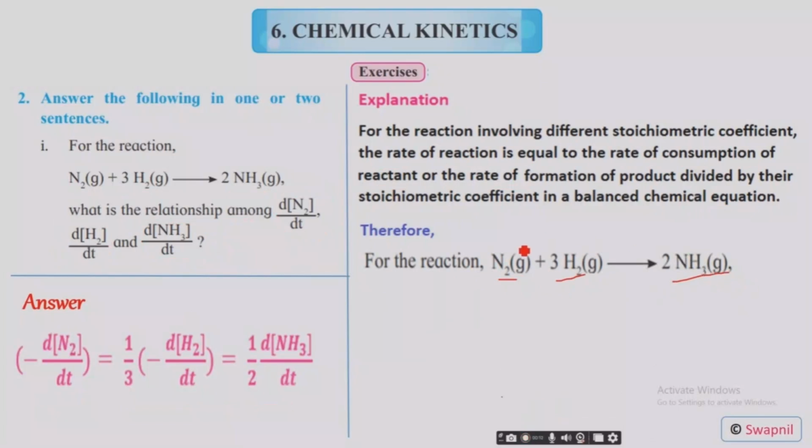In this reaction, different stoichiometric coefficients are present. That is, N2 has 1 as a stoichiometric coefficient, H2 has 3, and NH3 has 2. So we have to divide their instantaneous rates by their stoichiometric coefficients in the balanced chemical equation.